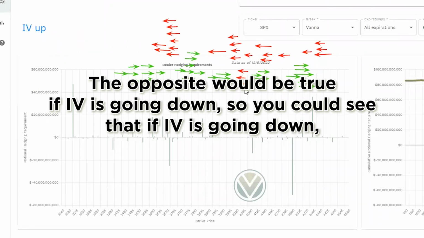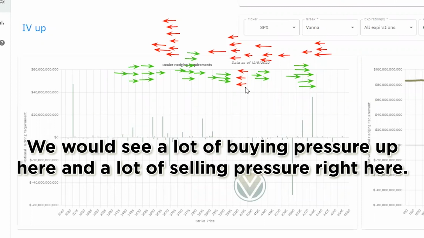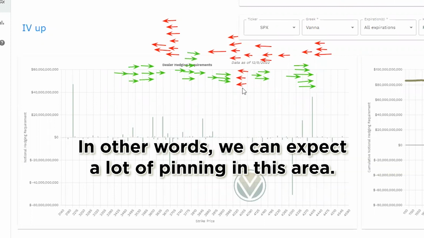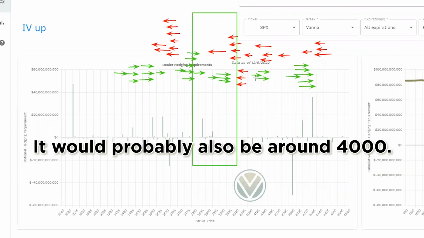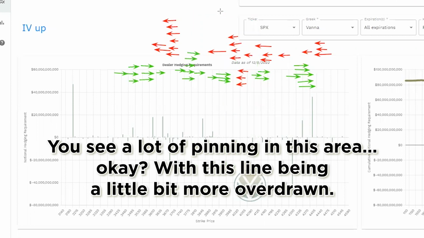So you can see that if IV is going down, we would see a lot of buying pressure up here and a lot of selling pressure right here. In other words, we can expect a lot of pinning in this area. It would probably also be around 4,000. See a lot of pinning in this area, with this line being a little bit more overdrawn.